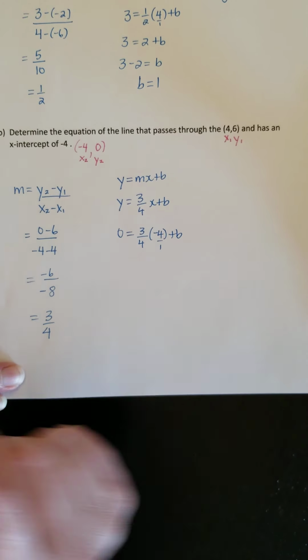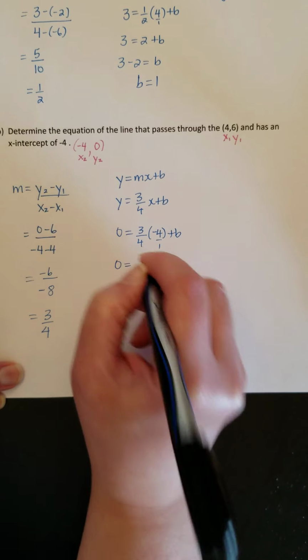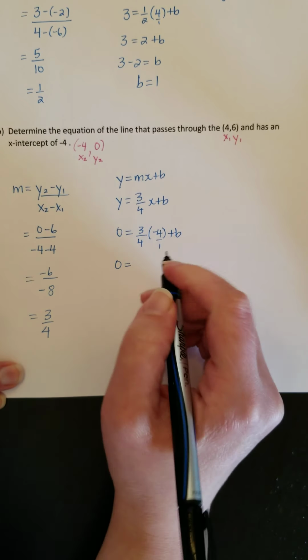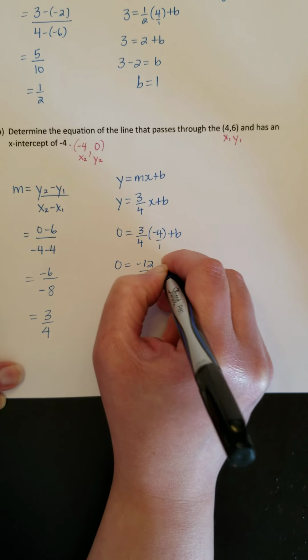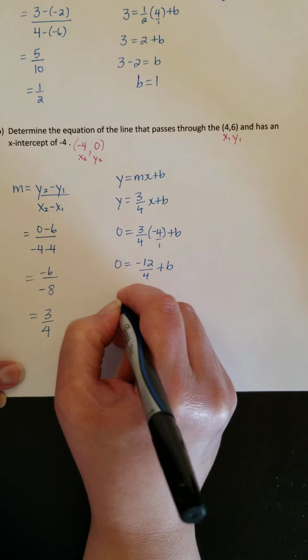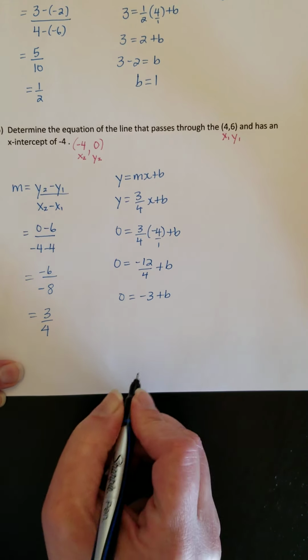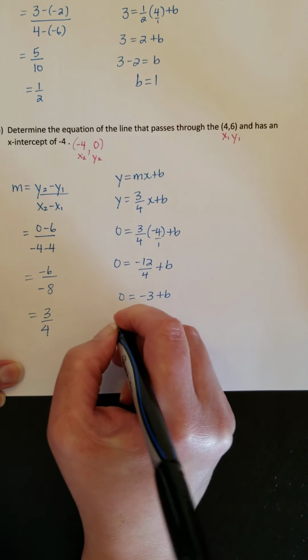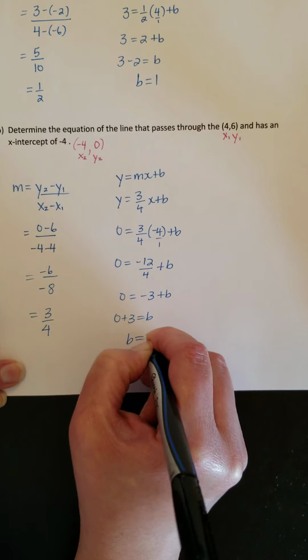Okay, I'm going to put that -4 over 1. And maybe this one I will show the step. Here, 3 over 4 times -4 is -12 over 4 plus b. If you like to show out your steps with the fractions, that's fine too. And -12 over 4 is -3 plus b. So bringing this one over, we have 0 plus 3 equals b, or b equals 3.